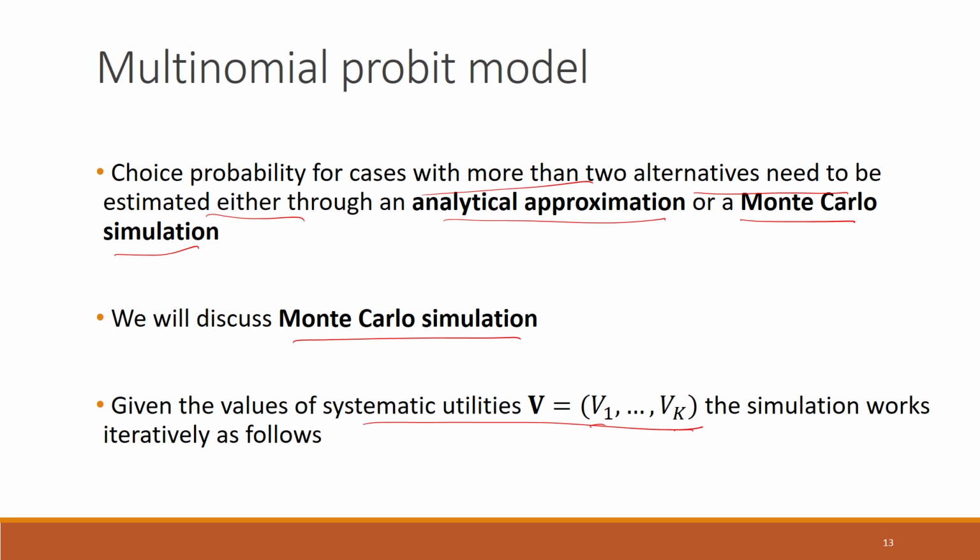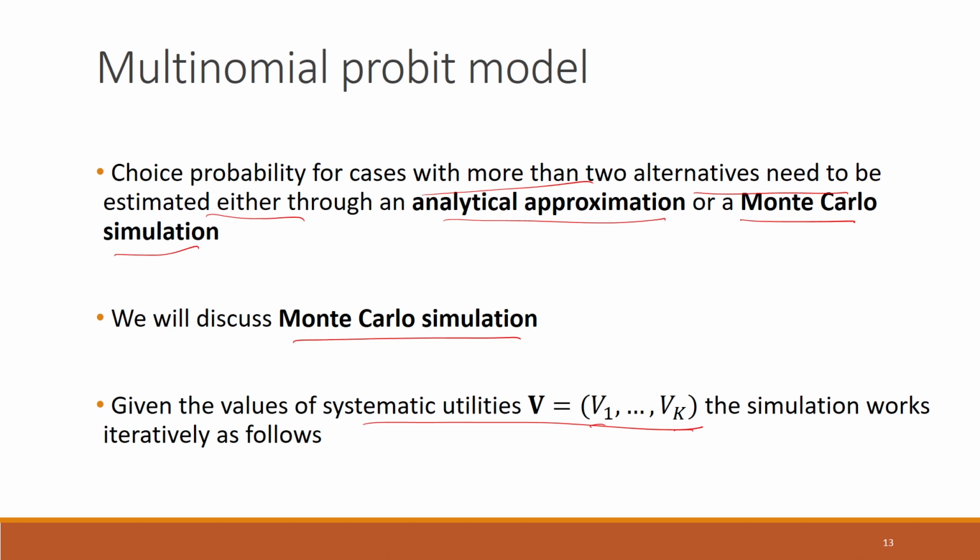We also have the distribution of the error terms given to us. If there are k alternatives, we will have a multivariate normal distribution whose parameters will be known. The mean is a 0 vector, and the error terms are given by some covariance matrix that will be known to us.